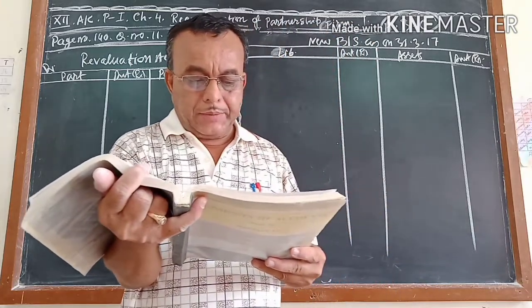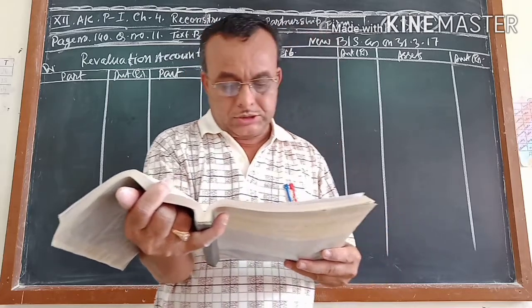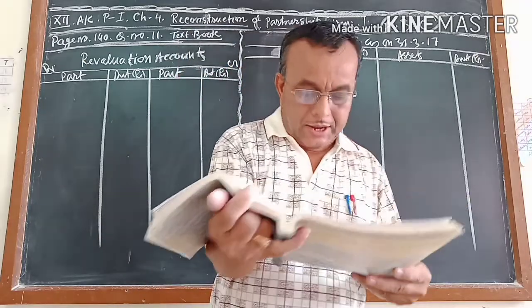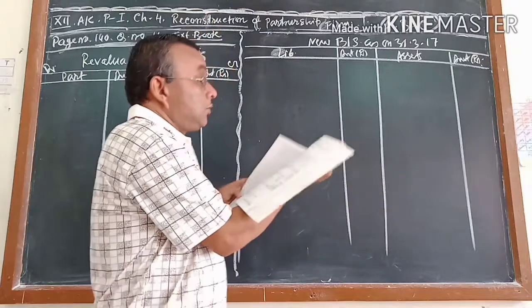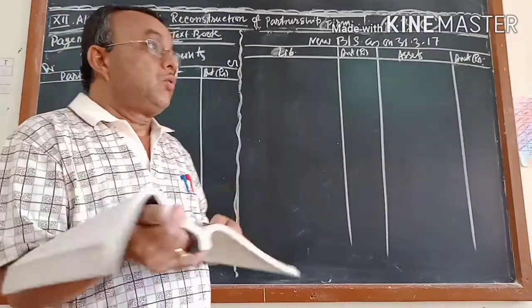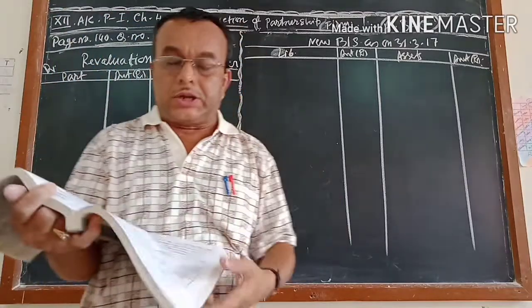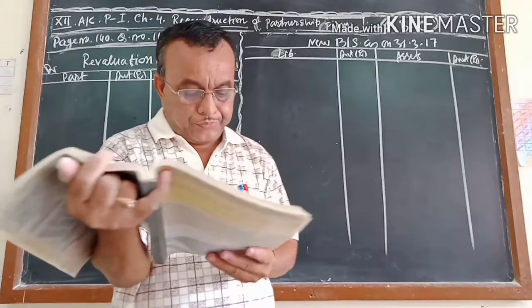Asset side: land and building, machinery, furniture, investment, closing stock, debtors less bad debt reserve, bills receivable and cash balance 40,000. Before following this video, read the question twice, then it will be very easy to understand what is given and what is not given, and you will be able to understand my video.